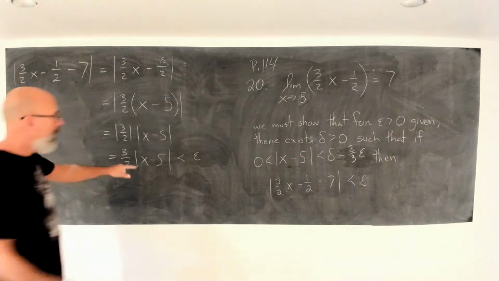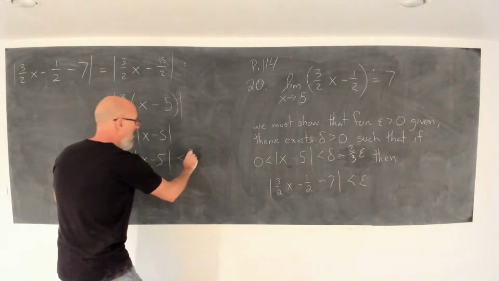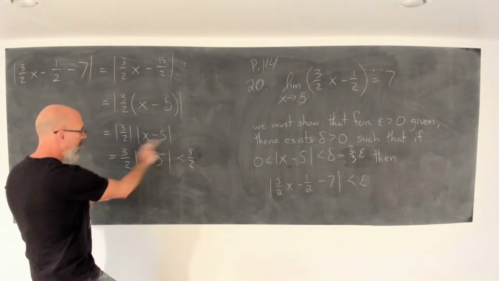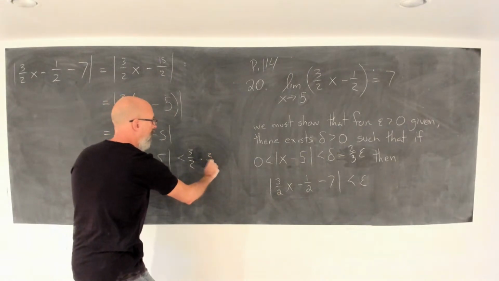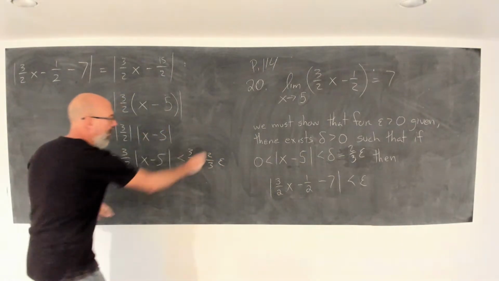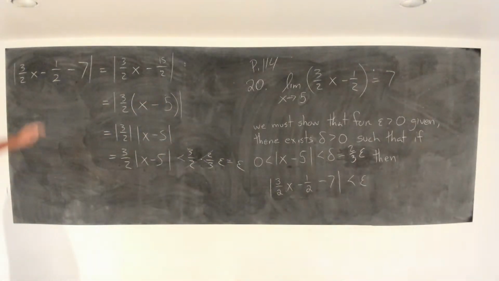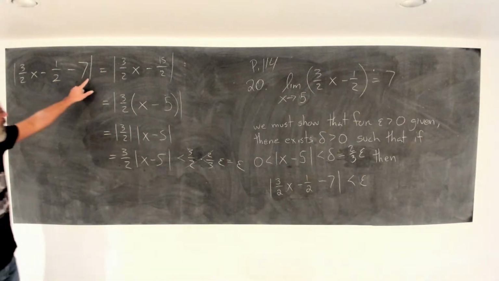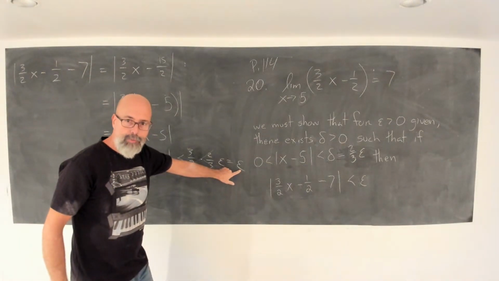This is going to be less. 3/2 remains. This is 2/3 epsilon. These cancel out. And you have succeeded in showing that this is less than epsilon.